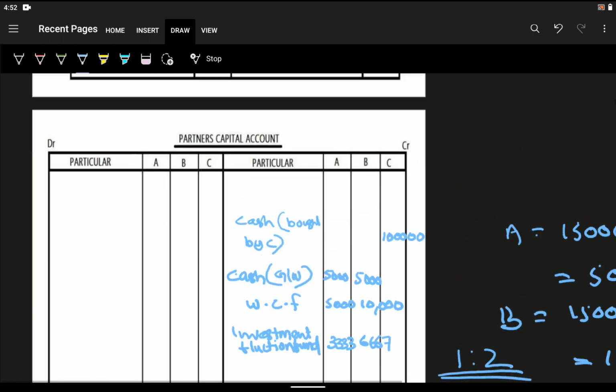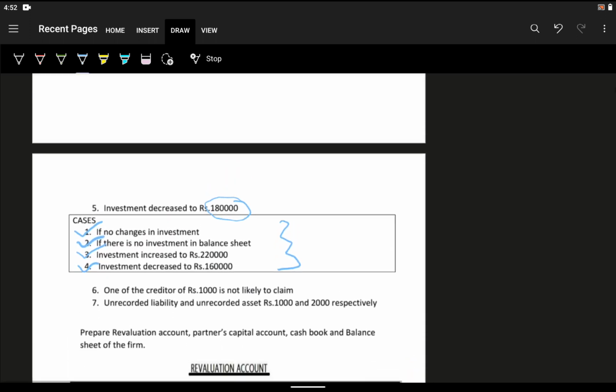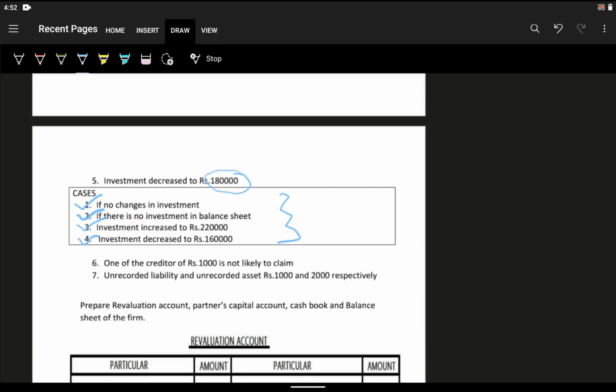Okay, next one is unrecorded liability and unrecorded asset, rupees 1,000 and 2,000 rupees. I told you, we already studied what is the treatment of unrecorded asset and unrecorded liability. It's very simple. If there is an unrecorded asset, that means an asset is increasing to our business.